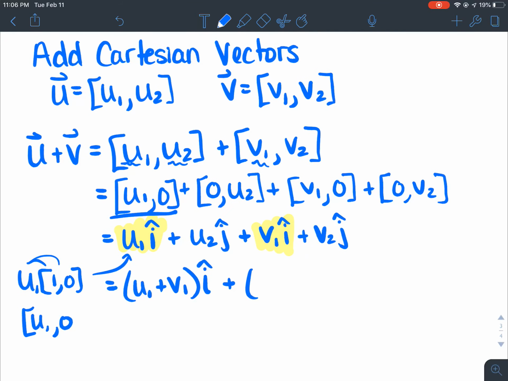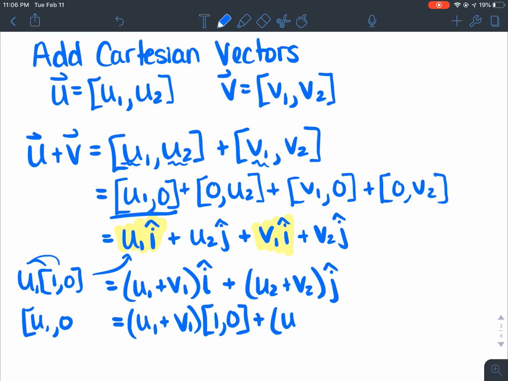And then I could add that to u2 plus v2, and I could factor out j hat. And then just keep going, I could change the i hat and j hat into their unit vectors. So I could change that into 1, 0. And then I could change the other one into 0, 1.